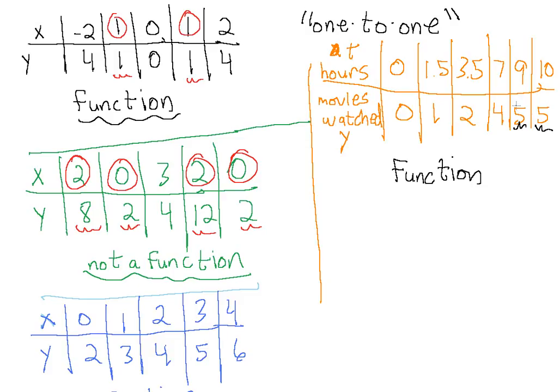That's okay, because if you think about it, it makes sense. But as long as we don't have the same time value, let's say we had, during hour 7, we had watched 4 movies, and also during hour 7 we watched 6 movies. That doesn't make sense. So we definitely wouldn't have a function.